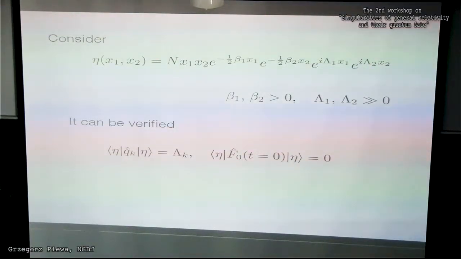Here, I will focus on a more specific example, and to be more precise, it is convenient to consider this simple function, namely the form in which we have oscillating terms in exponents, and also quasi-normal modes represented by beta 1 and beta 2 functions.